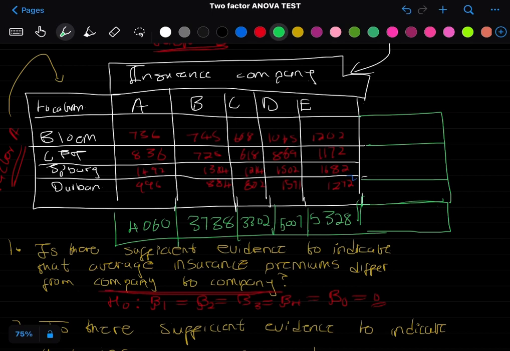Now let's calculate our row sums. Now it's going to be 4416.